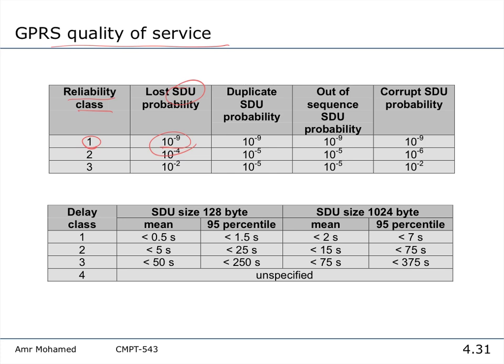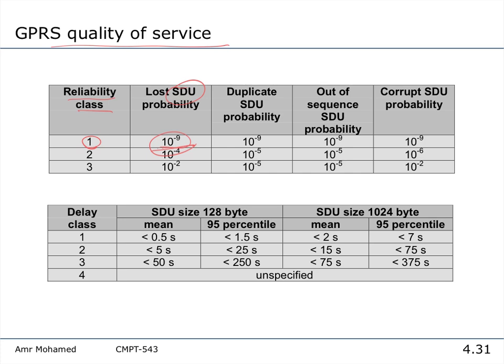If I see some packets are being lost, then I can increase the CRC size, or I can use a different modulation to try to increase the reliability or reduce the packet loss. Okay, so I can control the time slots, I can control the modulation scheme, the coding scheme, I can control all these things to achieve these quality of service limits.